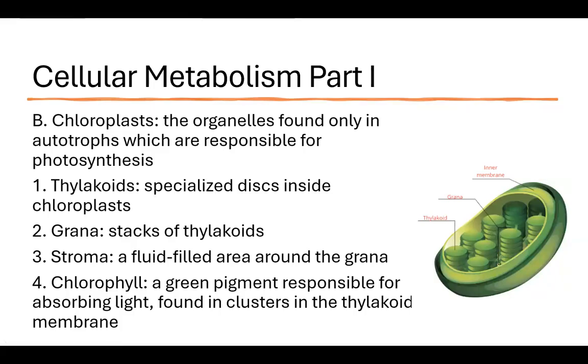All right, so we need to find out what's going on in a portion of the cell, an organelle that is within plants. We're going to look at chloroplasts. Chloroplasts are the organelles that are found only in autotrophs, and they're responsible for photosynthesis.